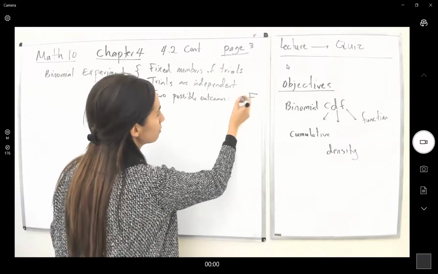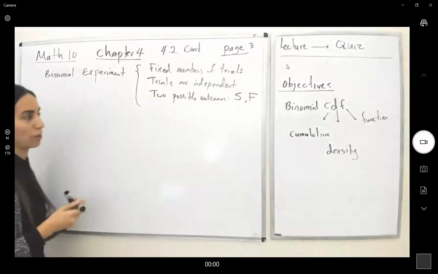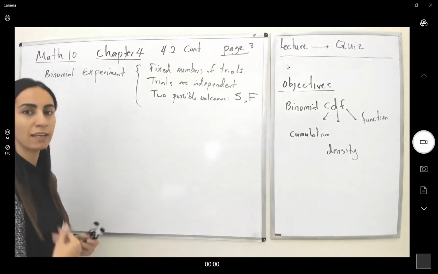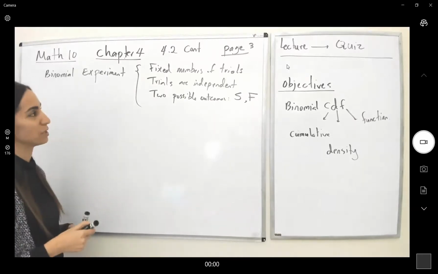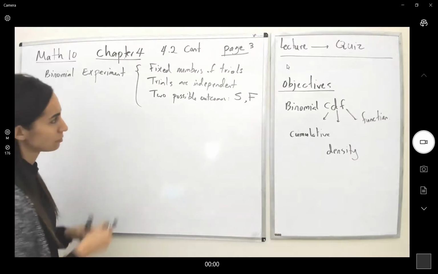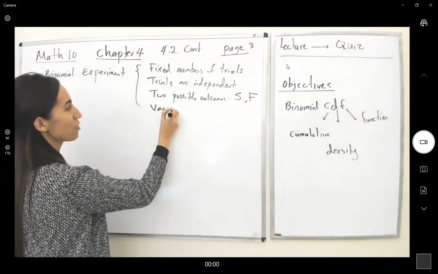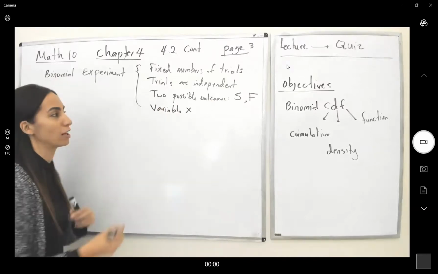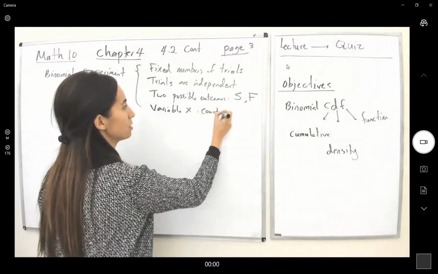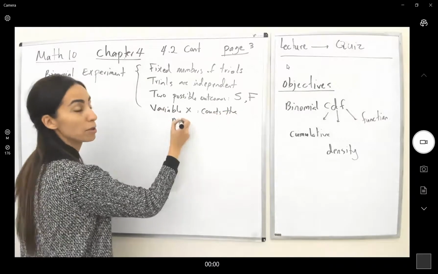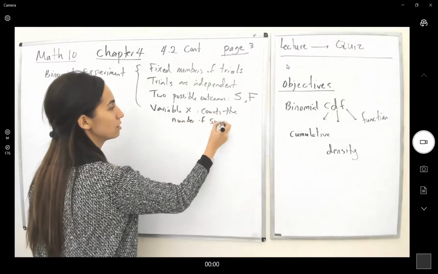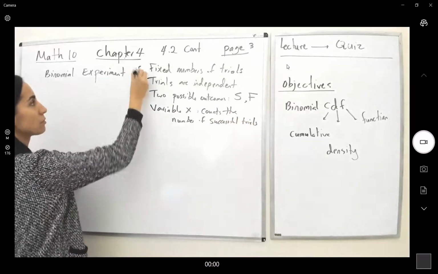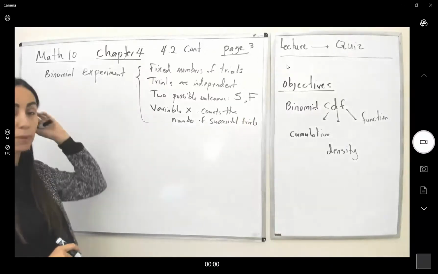For success, we have probability P. For failure, we have probability 1 minus P. And finally, random variable X actually counts the number of, not the probability, the number of successful tries.